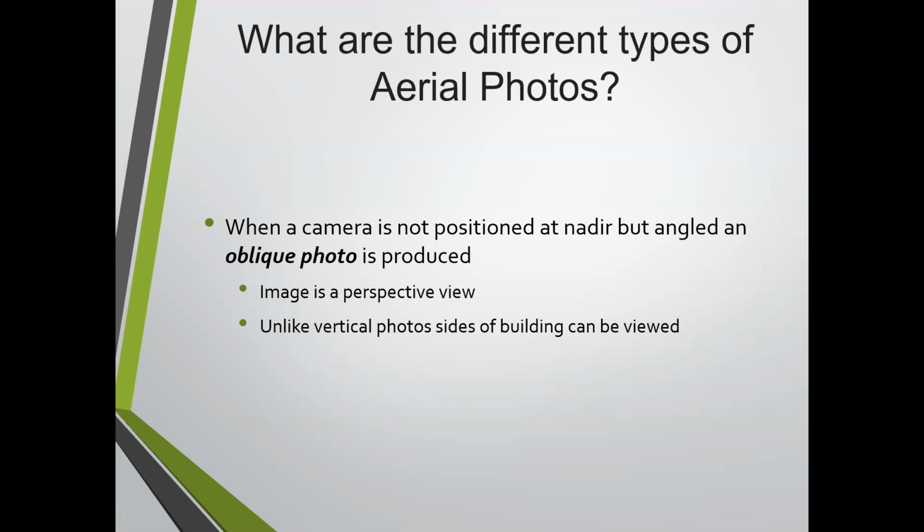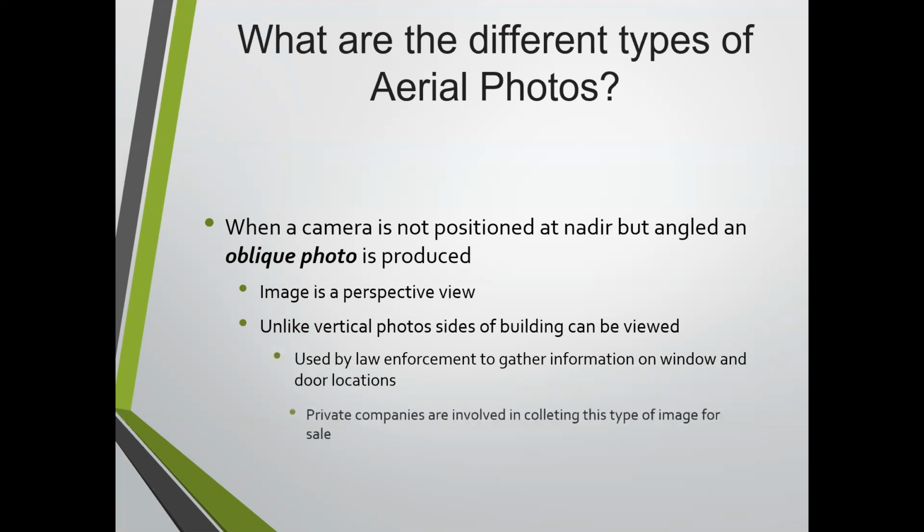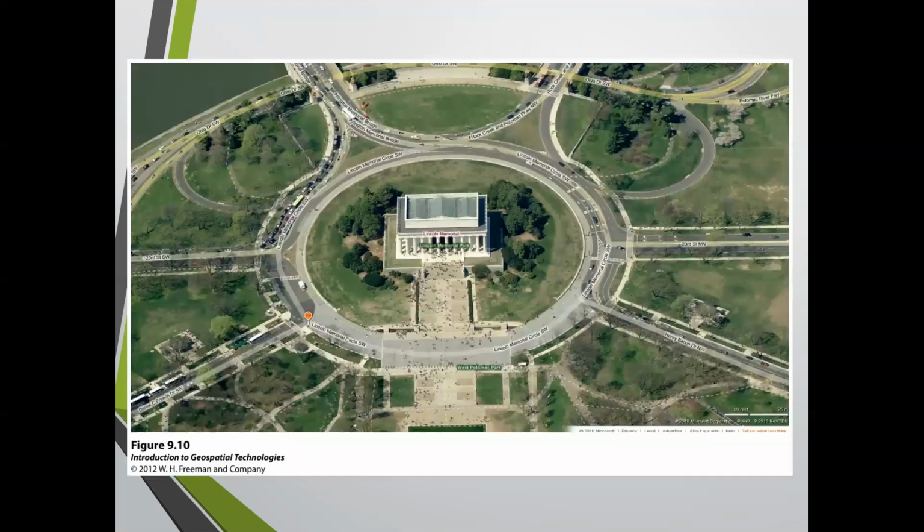But those oblique photos are actually very useful, and we can use them for a lot of purposes, like law enforcement gathering information. Private companies, we use that for collecting different types of data. But like I said, I know a lot of drone people will use that because it really does help infill information that you can't get in straight nadir position.